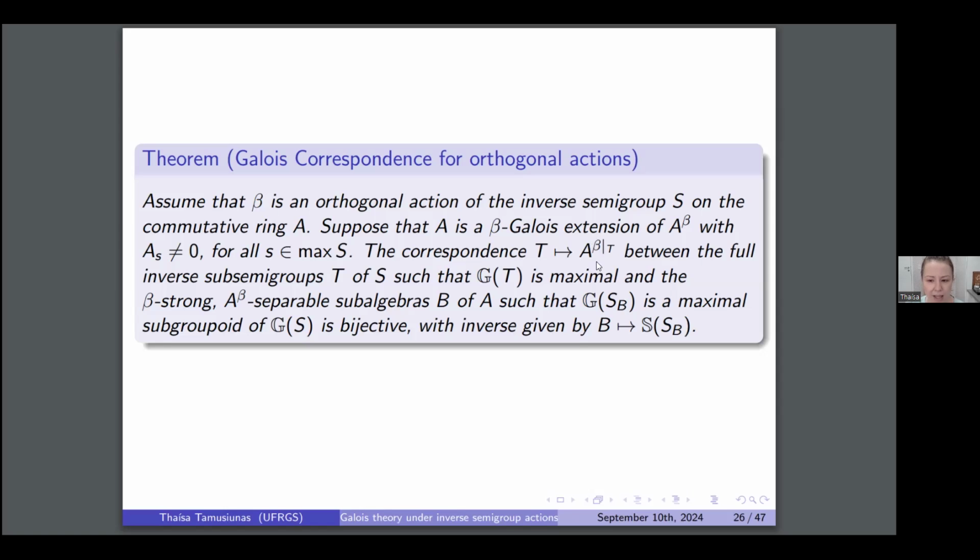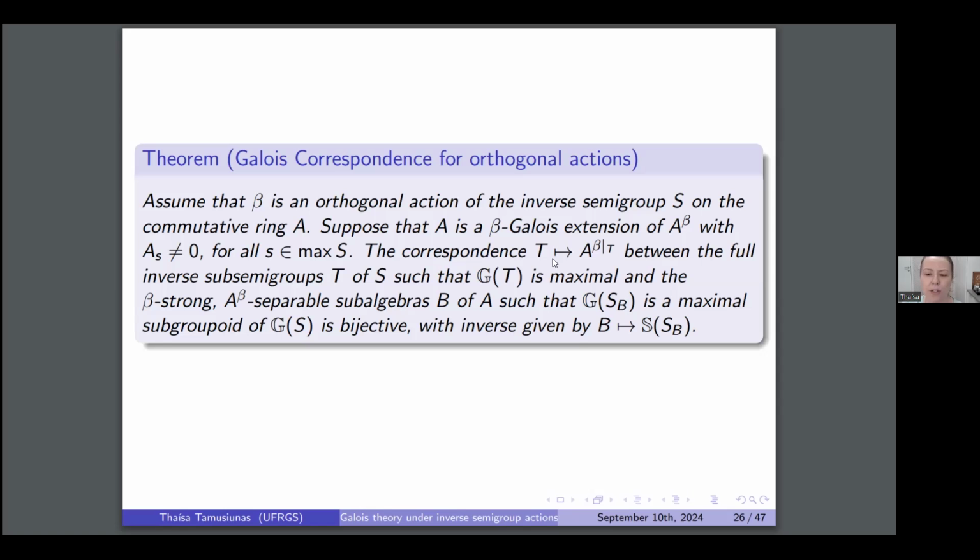And on the right side of the correspondence, we have some subalgebras that satisfy: they are beta strong and A beta separable, such that the functor applied on this is an inverse subsemigroup, and it is maximal concerning the associated groupoid.